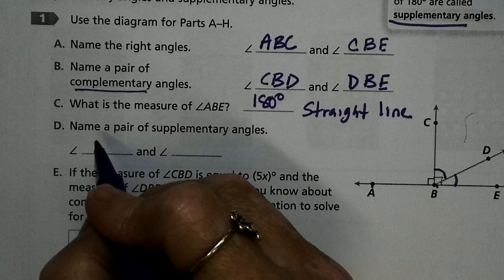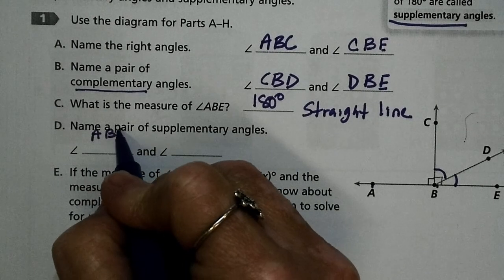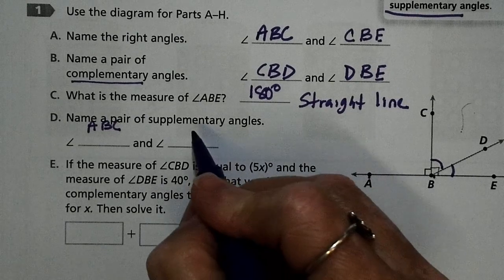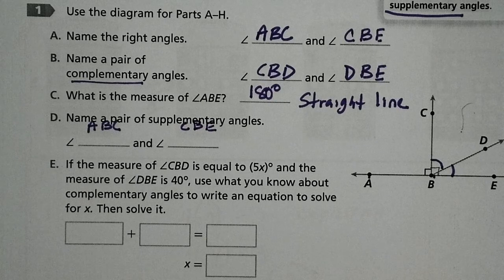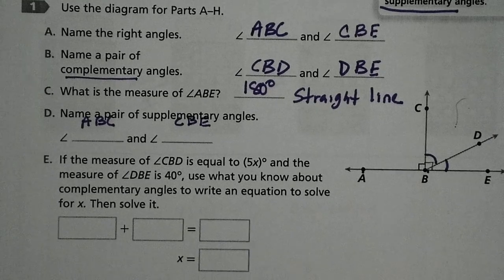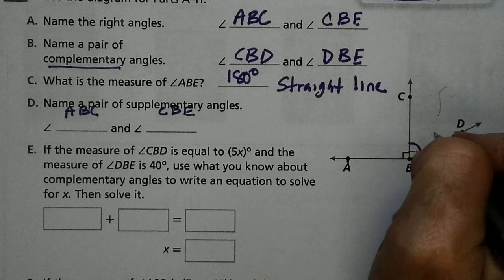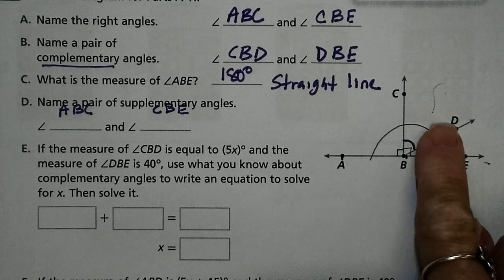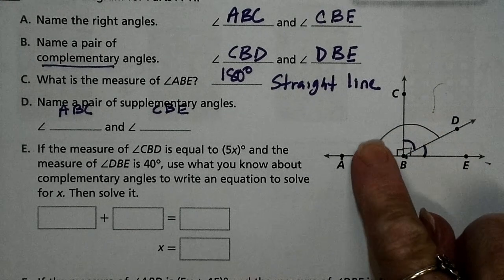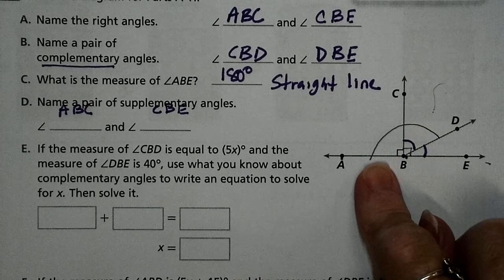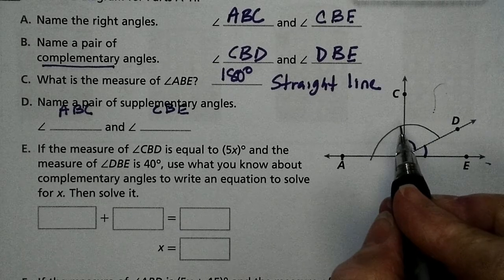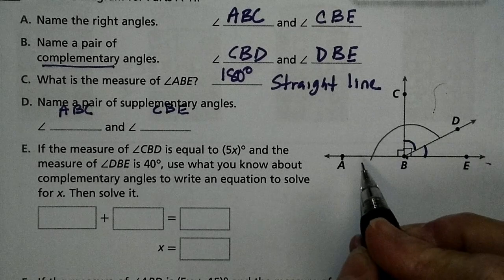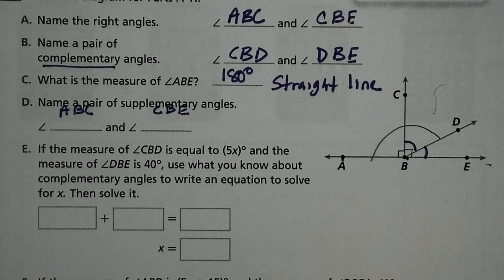So there's a couple of them here. So A, B, C, and then I could say C, B, E. I could do the bigger angle. So let's say I did this big angle here. So this is called an arc, just so you know. You will see that word throughout angles. So if I draw an arc, which means I am taking this angle here and this angle here and making it one big angle.